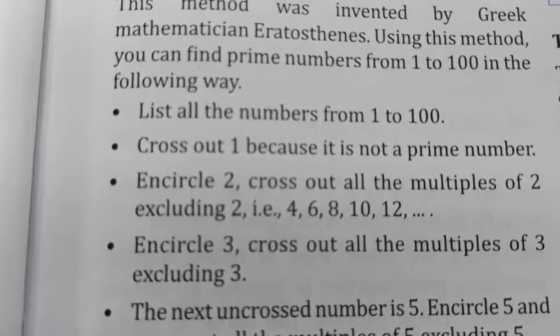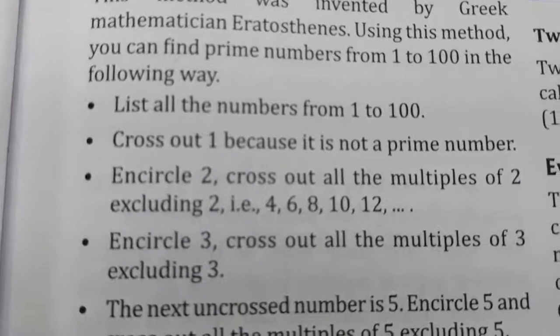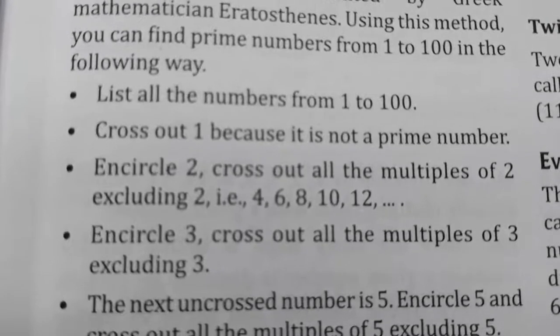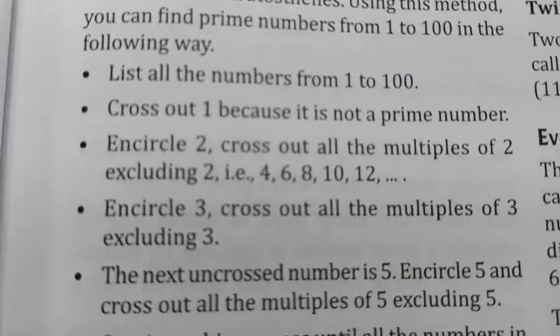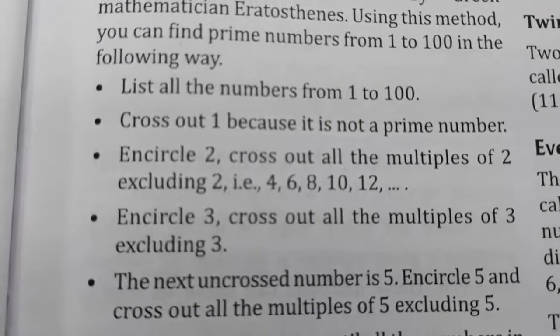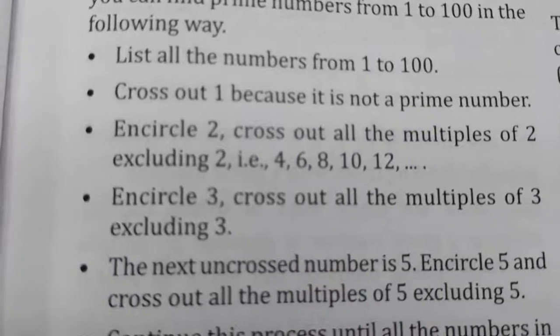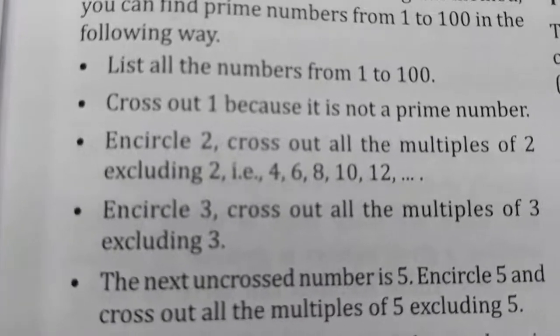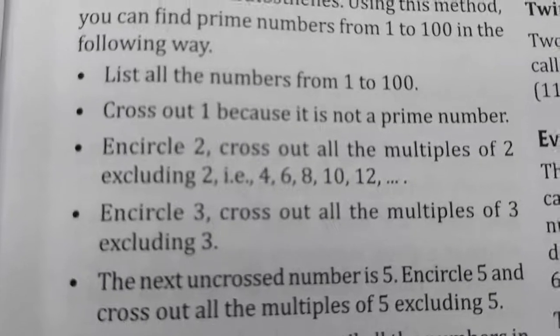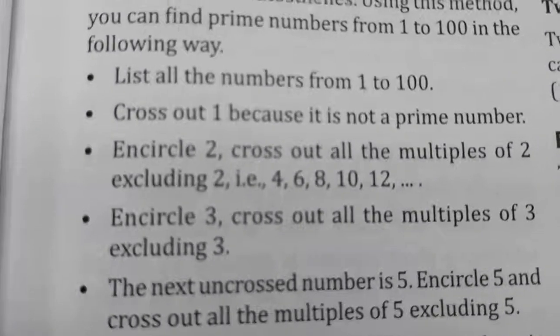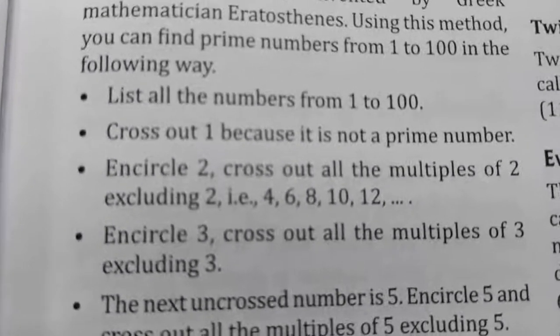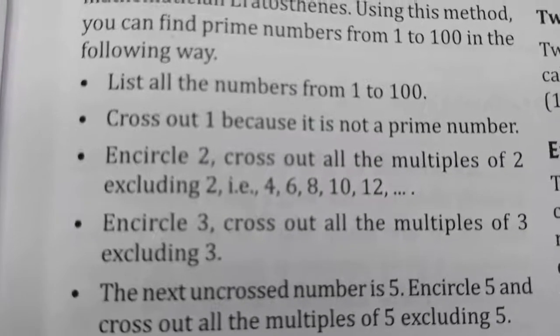List all the numbers from 1 to 100. First, cross out 1 because it is not a prime number. Then circle 2 and cross out all the multiples of 2, excluding 2: 4, 6, 8, 10, 12. Encircle 3, cross out multiples of 3, excluding 3.